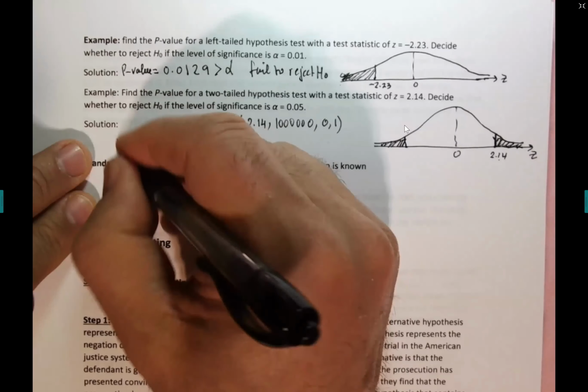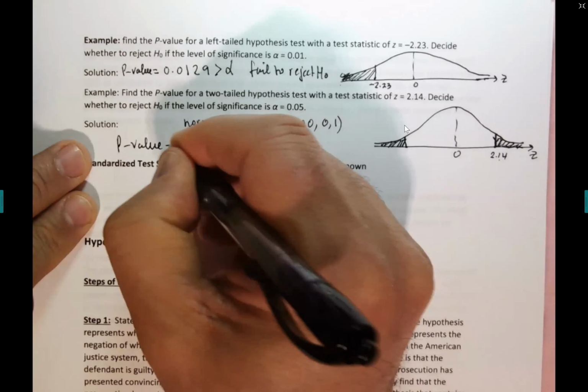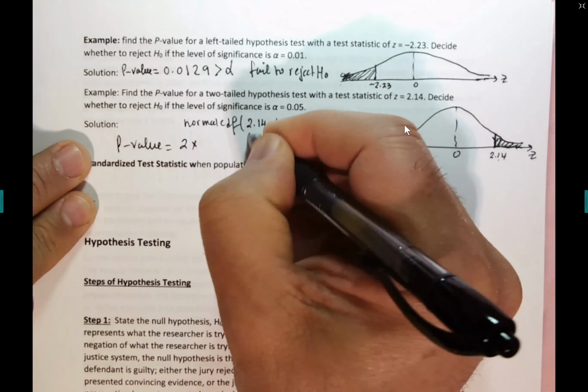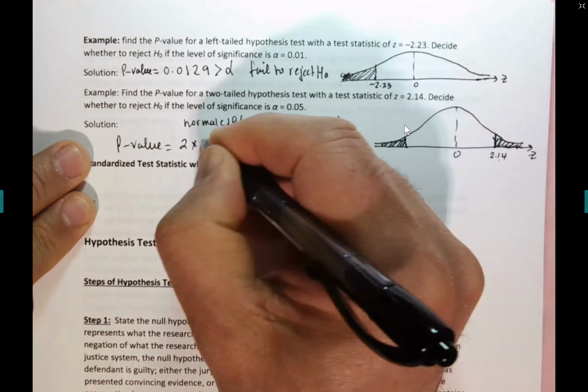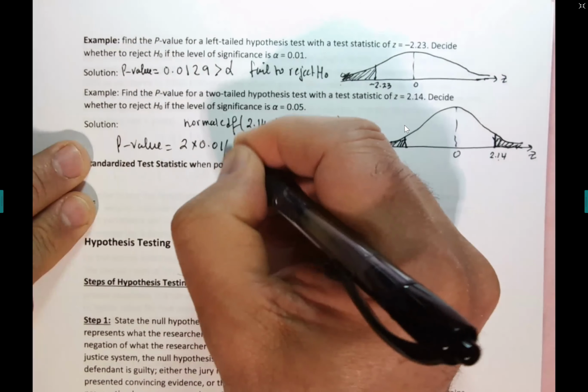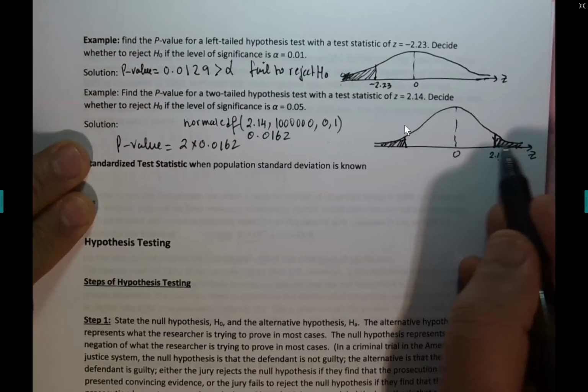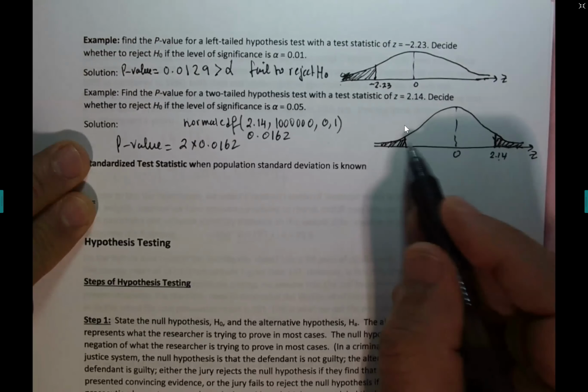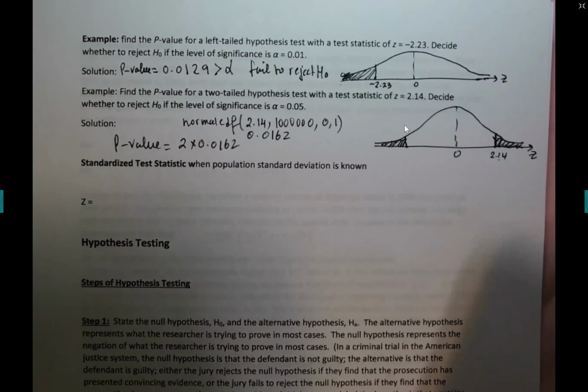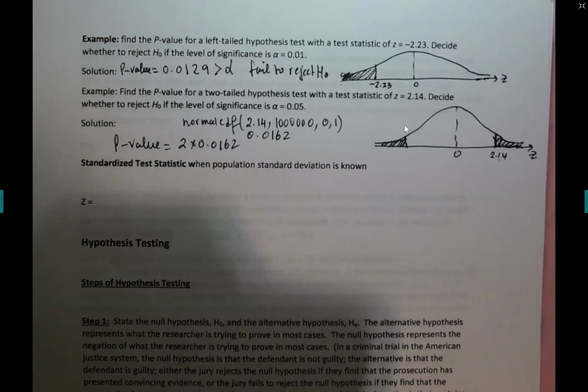So the p-value will be twice 0.0162, because you have 0.0162 here and 0.0162 there. If I multiply by 2, I get 0.0324.